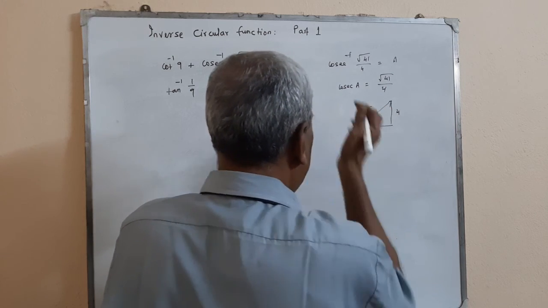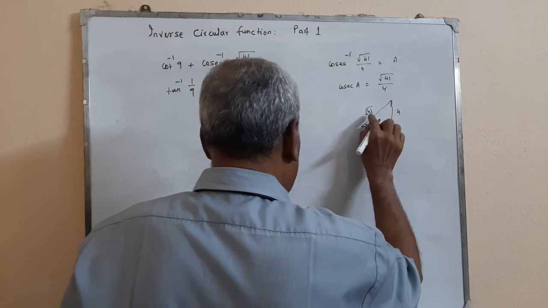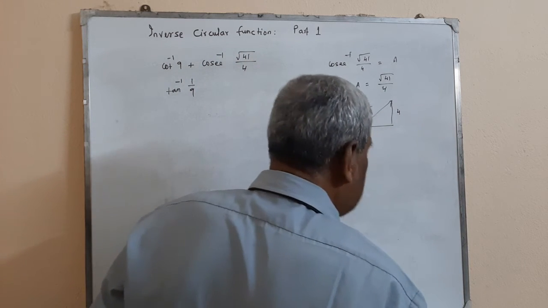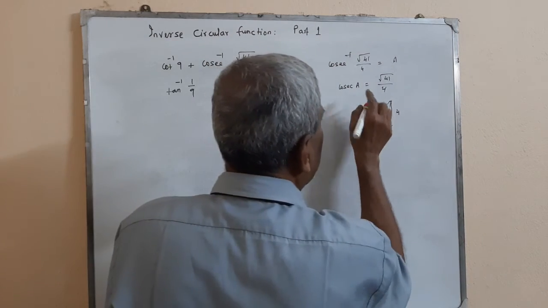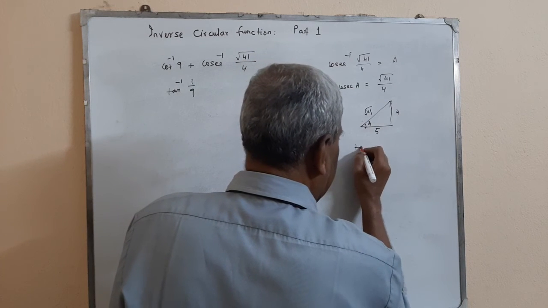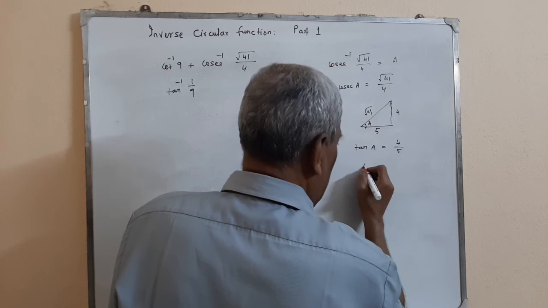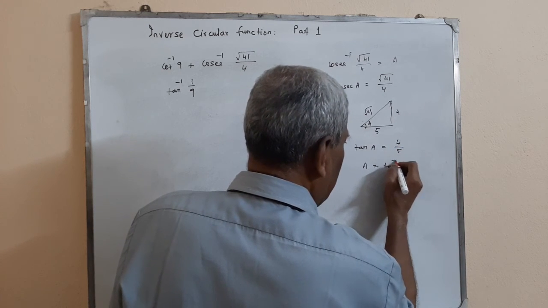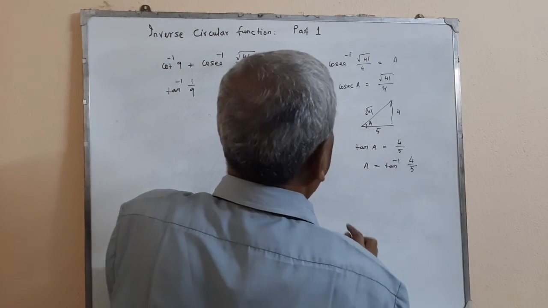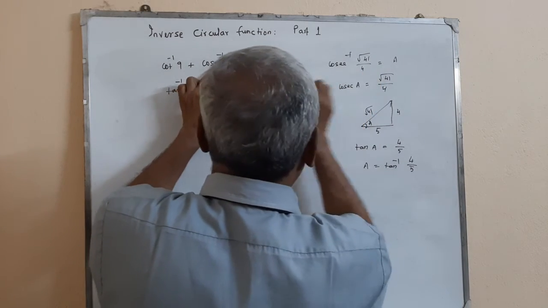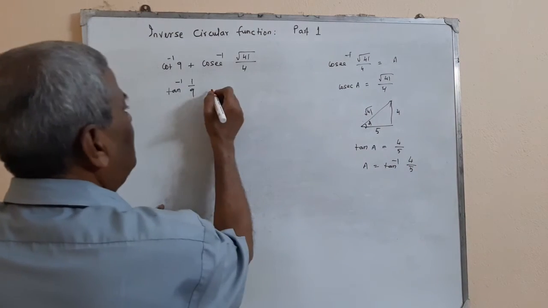So this must be, by Pythagoras theorem, root over of 41 minus 16. So it is 5. So tan A is equal to 4 by 5. So A is equal to tan inverse 4 by 5. Actually, we have taken this as A. It is tan inverse 4 by 5.